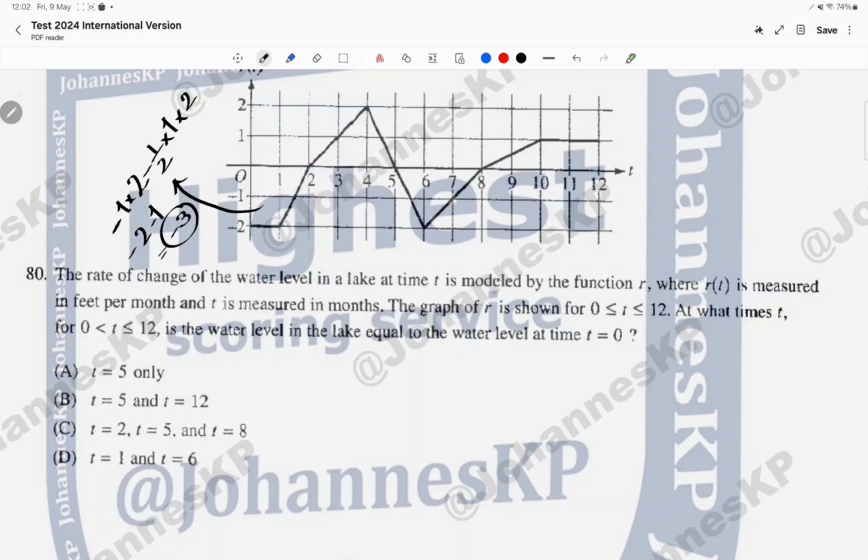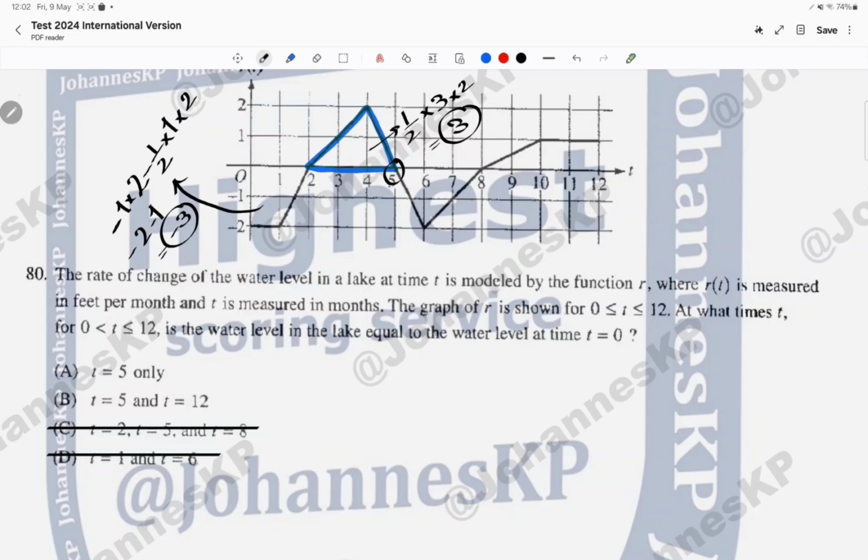And now pick an area above the x-axis that's also a 3. So they cancel out, right? Let's see this triangle. Half by base by height. That's a 3. So they cancel out when the time is 5, correct? Yep. And become 0. So T of 5 has to be there. So it's not going to be D. Okay? And there's nothing before time of 5 that makes it 0. So it's not time of 2. So now it's either going to be A or B.